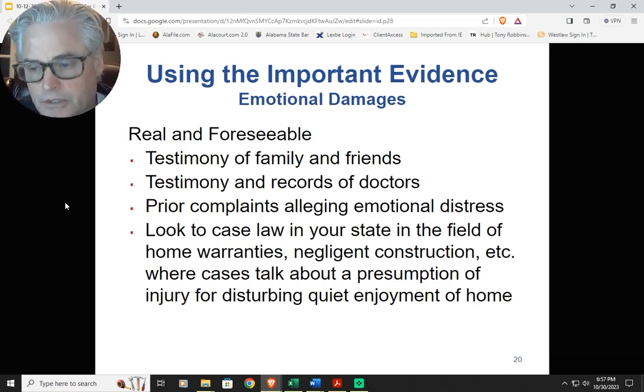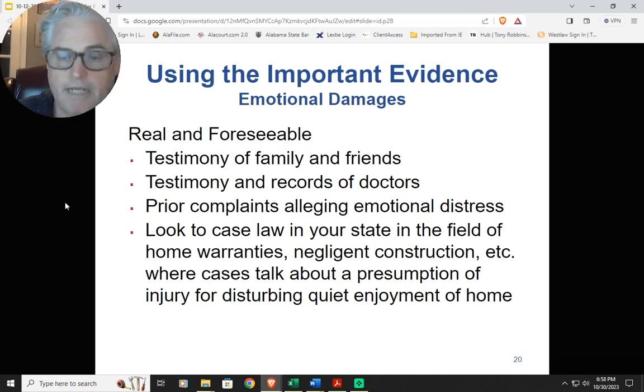Anything that damages the quiet, peaceable enjoyment of your home. Most states have some cases out there that says that there's a presumed injury in that scenario. So it's also a nice little way to make sure you're proving good emotional distress damages in today's environment.